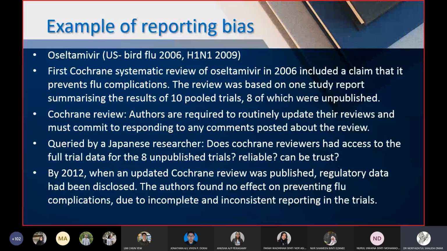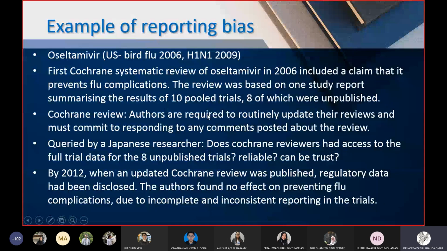But the thing is, with this systematic review, the review was based on one study report summarizing the results of 10 pooled trials, 8 of which were unpublished. Okay, so out of 10, only 2 were published, 8 were not published.